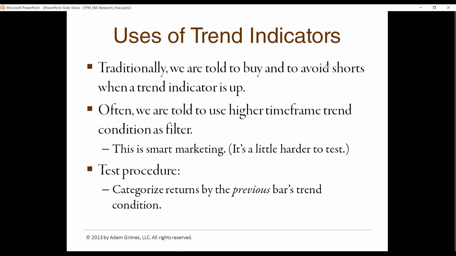What we can do is take these trend indicators and categorize returns by the previous bar's trend condition. Now, we have to go previous bar instead of today's because coming into today, let's say the market went down very strongly today, and I'm saying the market, this can be anything: currency, commodity, option, stock index, individual share, whatever.